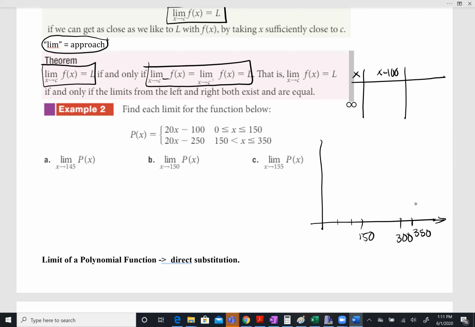Oh, actually, you know what? I don't want to use it. I'm going to make this like this.